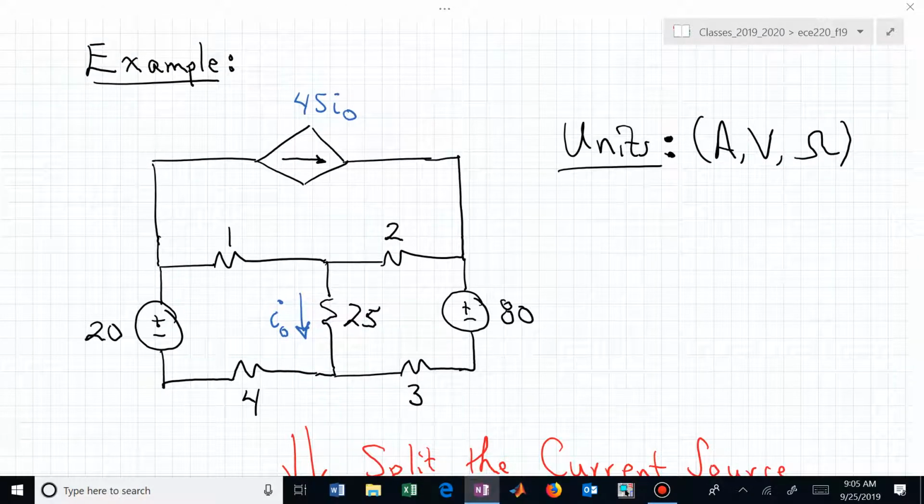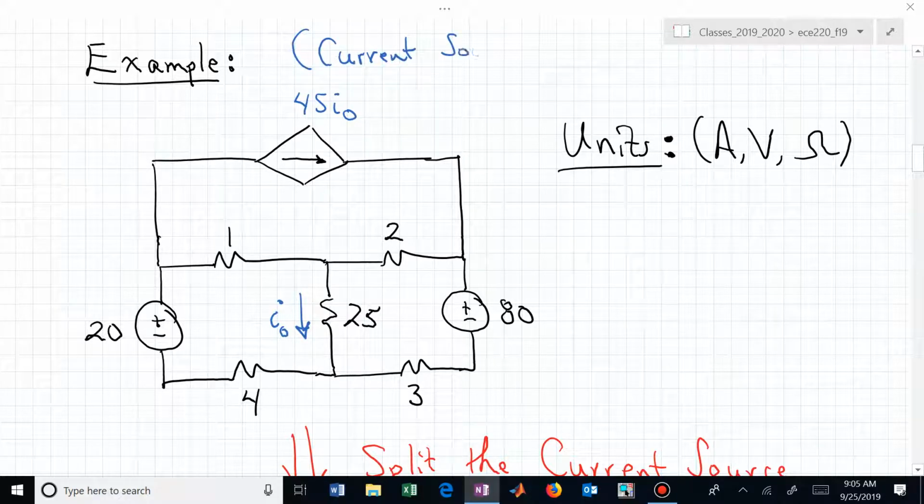Here's the example that we will use to illustrate source splitting, and in particular, this example is going to split a current source, and the current source, the only one in this example, is actually connecting the left and right hand sides of the network below.